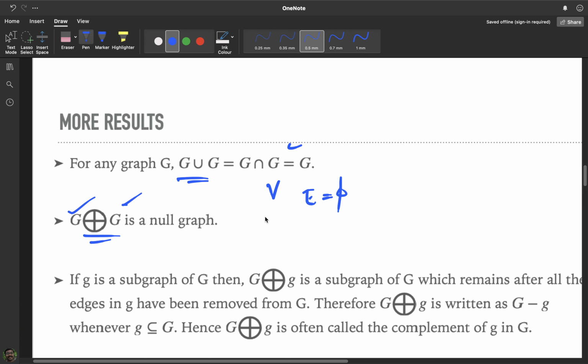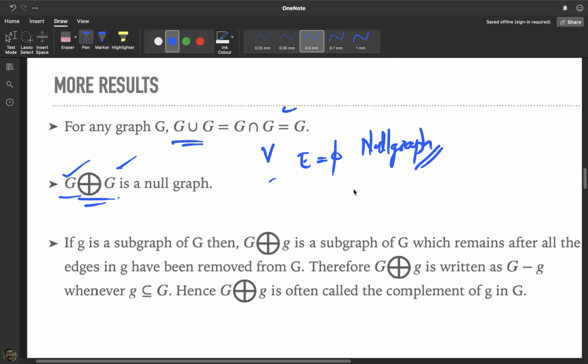So there will be no edges present in G ring sum G, because both of the graphs are just the same. That means the edges are lying in both the graphs, so they cannot come in the ring sum. So you will be just left with vertices. That is why it is called a null graph. Very simple characterizations. So if you understand the definition of null graph and the definition of ring sum, you will understand this.